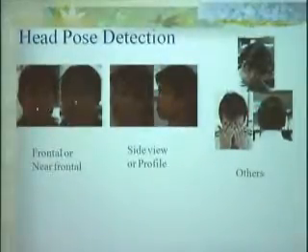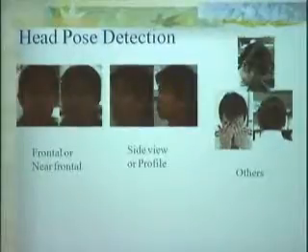Nearly frontal means you turn away from that plane by maybe less than 25 degrees. If it turns too much, we see the side view, and we cannot see the facial features clearly.